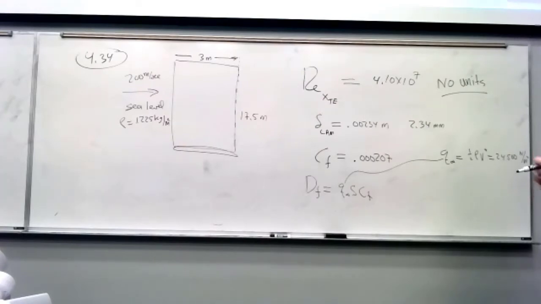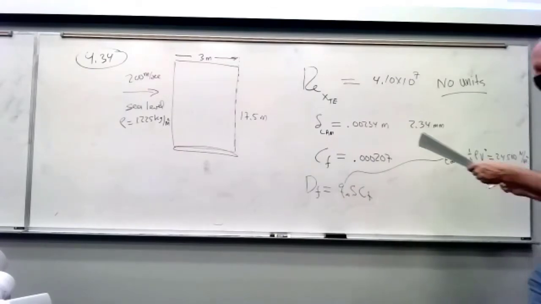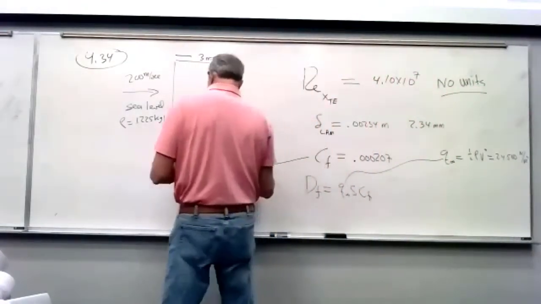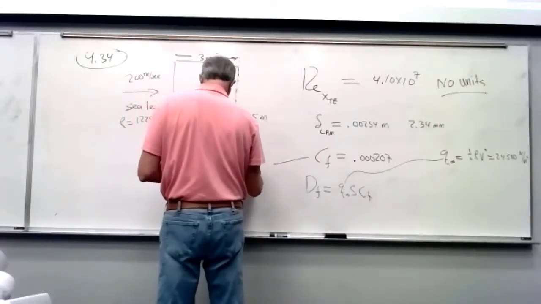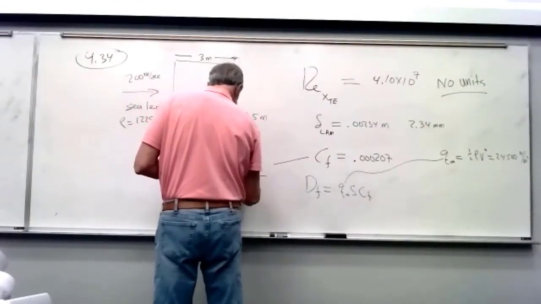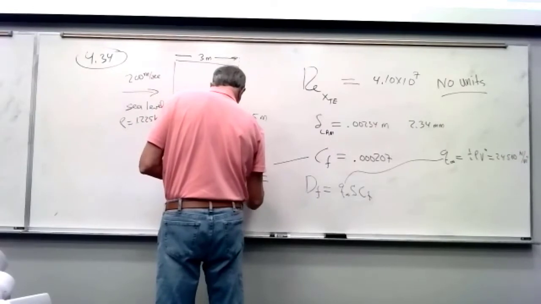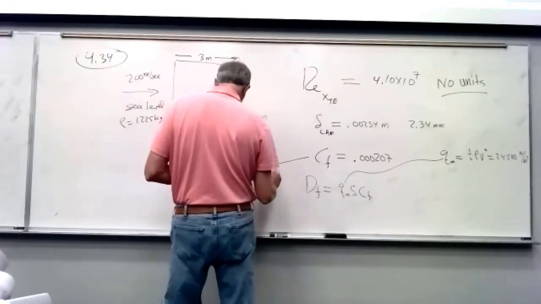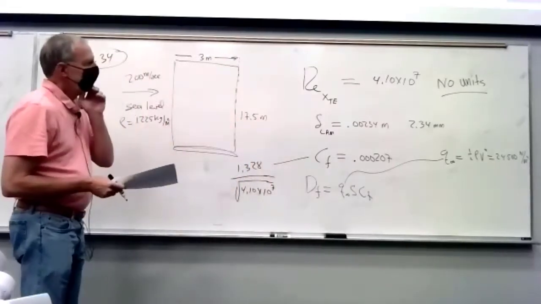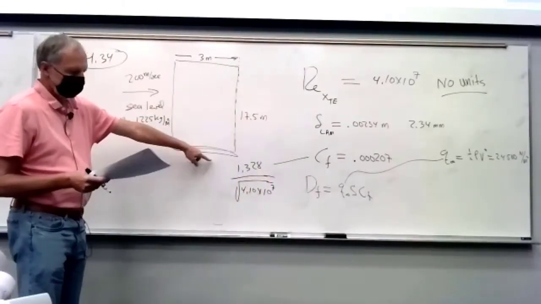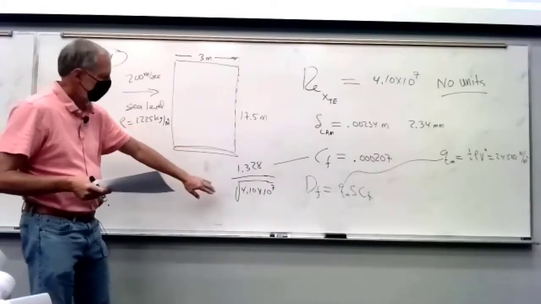I got a way smaller number for CF. How do you calculate CF in this case? Let's see, the formula for that is... Check my calculation, did I do it right? That's our Reynolds number, that's just the formula. I feel like maybe you forgot the square root.